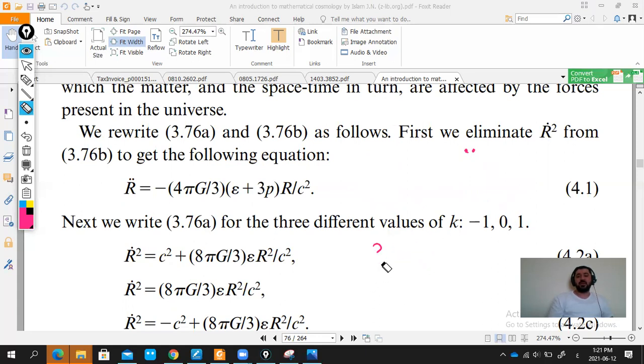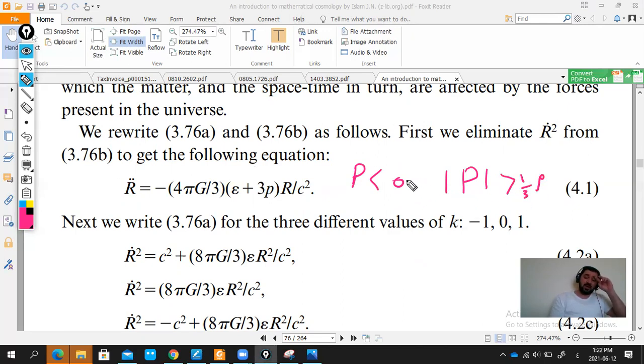If we assume that there is some kind of matter dominating the universe, so we can neglect the radiation and the ordinary matter, then the pressure of this matter should be negative, and at the same time, this B should be, in absolute value, larger than 1 over 3 rho.